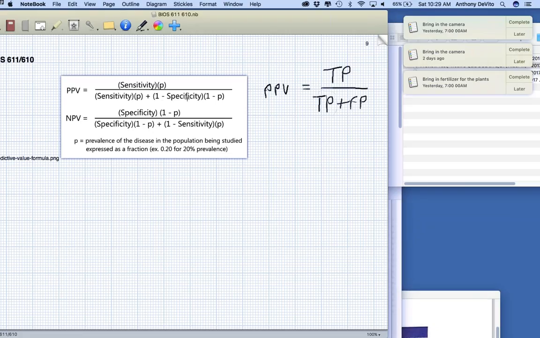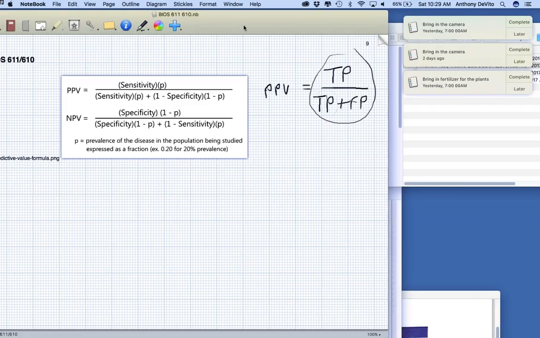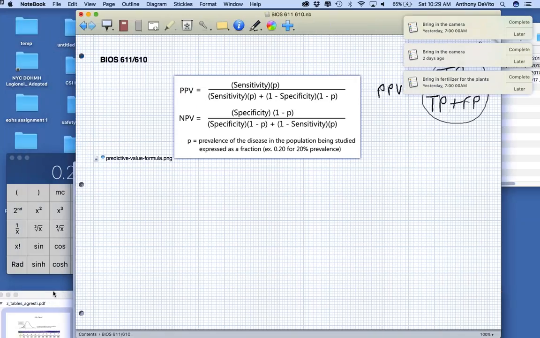Well, 1 minus the specificity is the percentage of people you would get it wrong for, and 1 minus the prevalence would be the percentage of people that are negative. So this is the false positives. It really just boils down to this, except now we're going to actually calculate it using the problem we were just looking at.